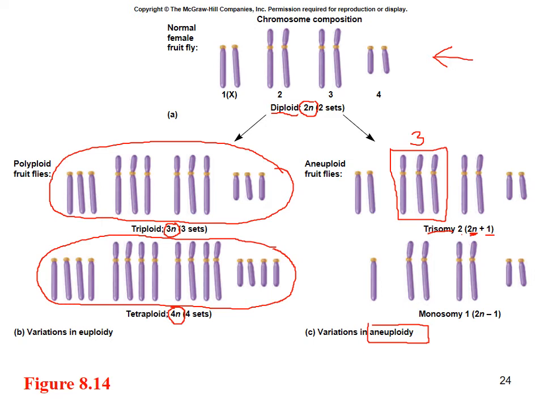Hopefully we all saw that chromosome 1 was missing a pairing. Notice how everybody else has 2, so that's fine. In this case, we have aneuploidy because it only affects 1 chromosome, and to be more specific, it would be monosomy 1, because it affects chromosome 1, and the 2N that we would expect is actually missing 1.